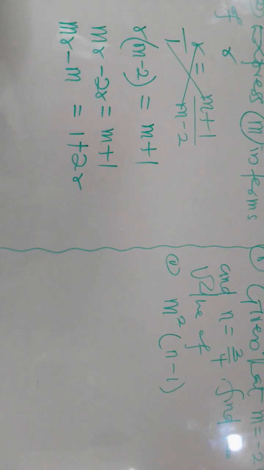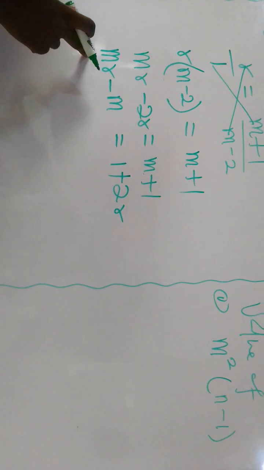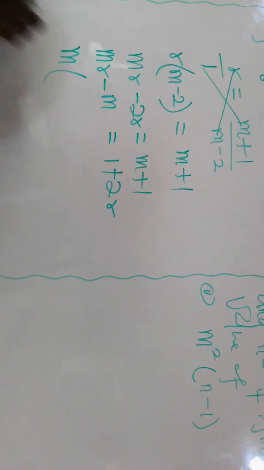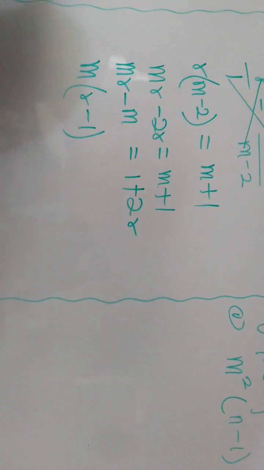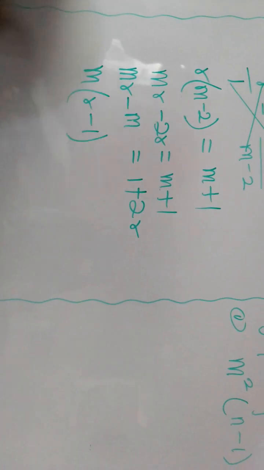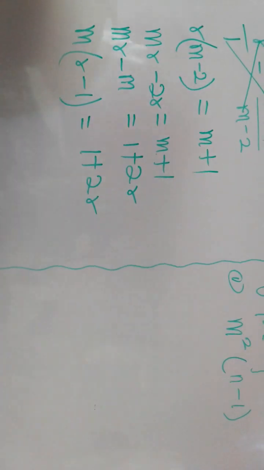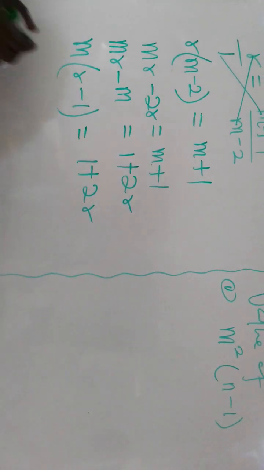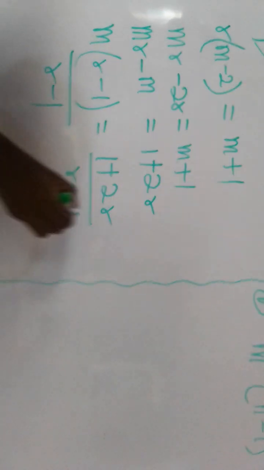Okay. So we are going to have M is common here. So M will come outside into bracket R minus 1. Because M times 1 will give us M, equals 1 plus 2R. We are looking for M. So divide both sides by R minus 1.